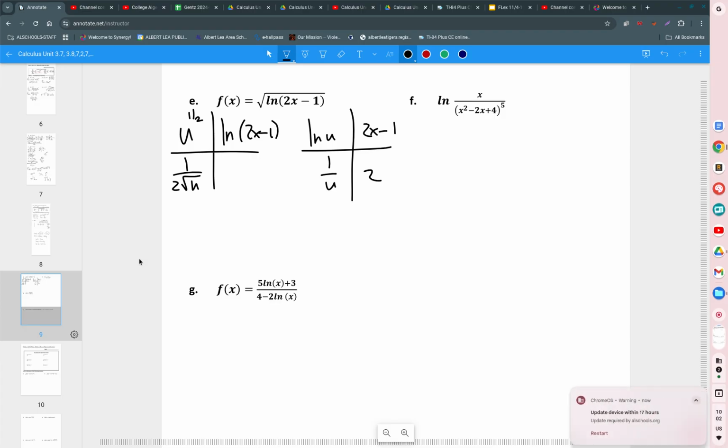So the derivative is 2 over 2 times x minus 1. Now as I multiply these together, I can see that the 2's will cancel, and I get 1 over the root of natural log of 2x minus 1 times 2x minus 1.